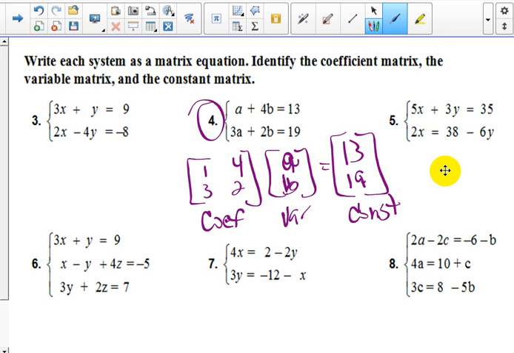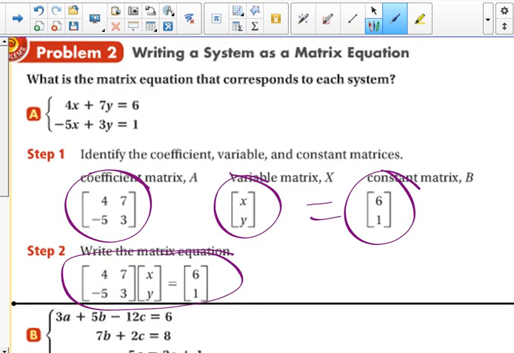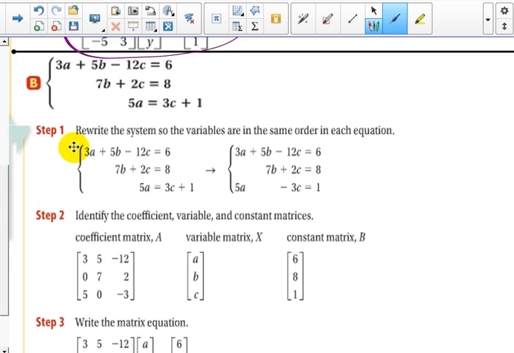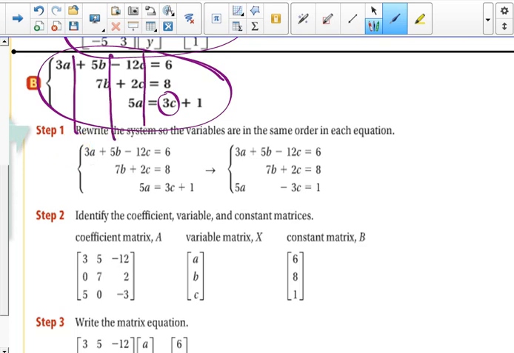All right, now let's go back and look at one other type. Our problem B here. So this one, nothing's really lined up. You have some A, B, and C in the first row, a B and a C in the next. There's not an A. And then third row, you've got 5A equals 3C plus 1. So you've got a C on the other side of the equal sign. So what you have to do is just line up all your equations. We have 3 of them here, so it's going to be a 3-row matrix. First thing you want to do is get everything in order in columns, A's, B's, and C's.